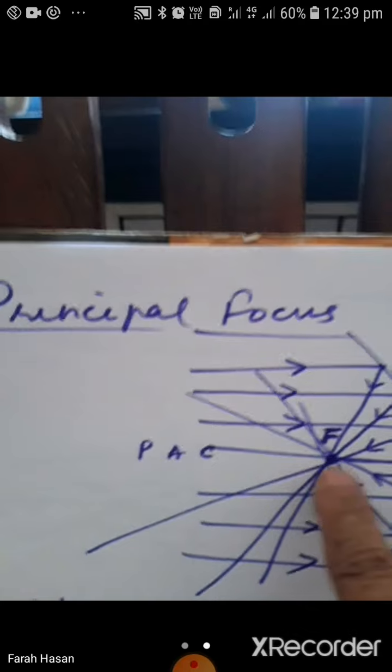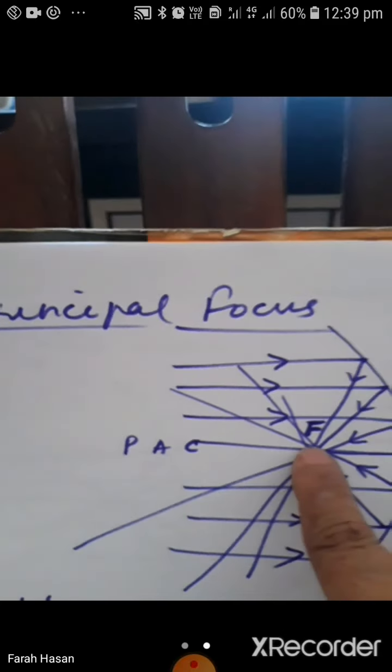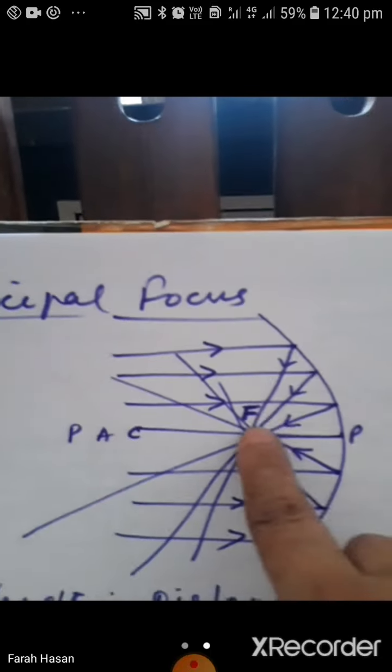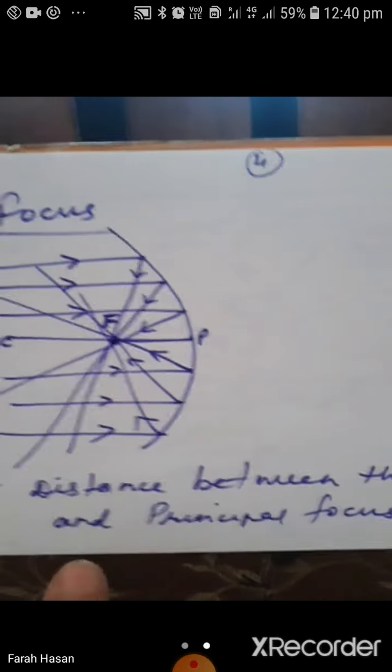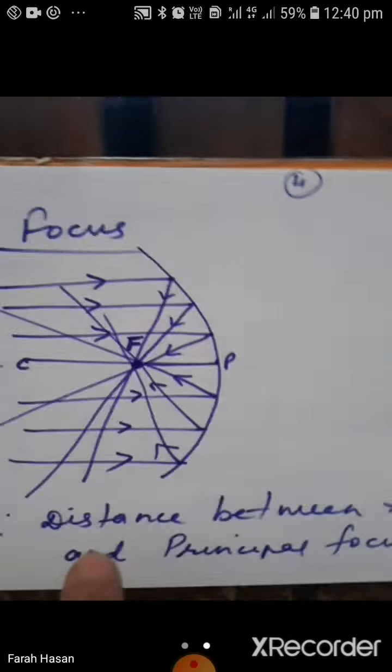So this point is known as the focus, the principal focus. And focal length is the distance between the pole and the principal focus. I hope you are all familiar now with all these terms.